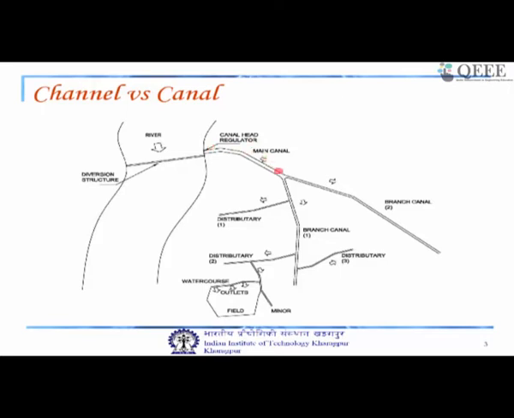Through the main canal, branch canal system and distributaries, water will be transferred to the individual fields through the water course and outlets. There can be minors and field outlets within the system.